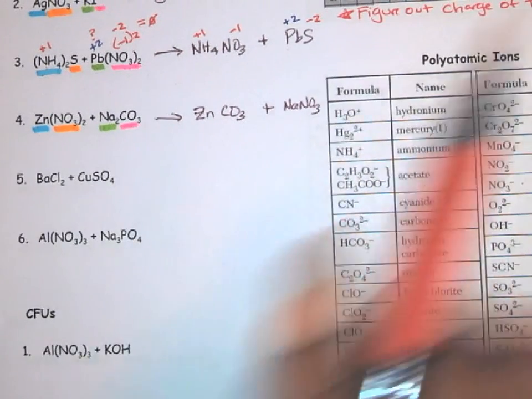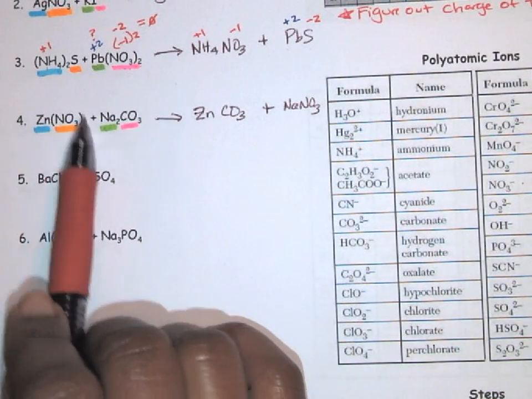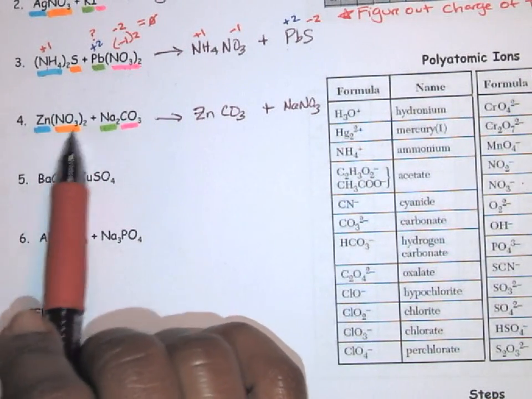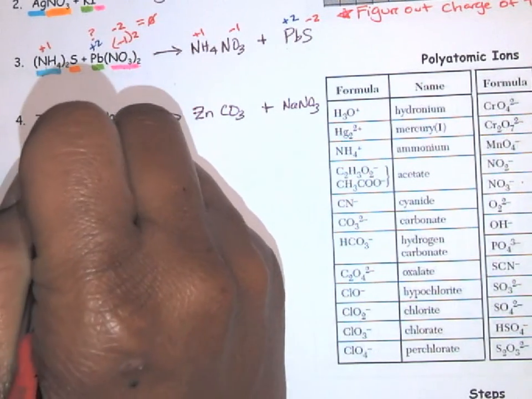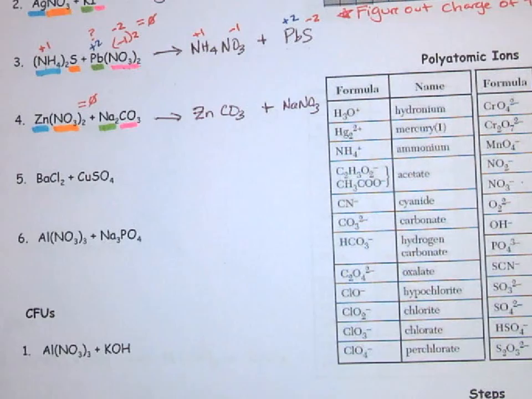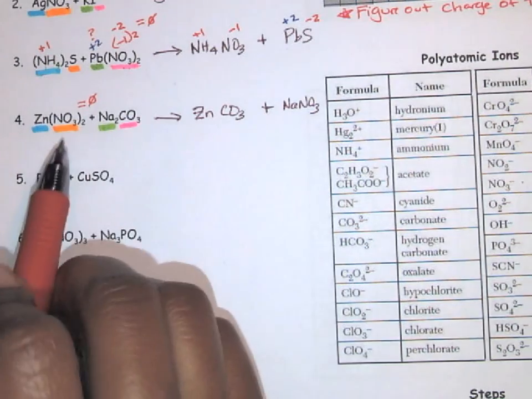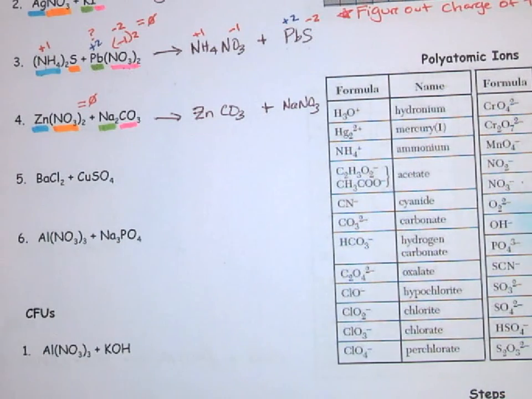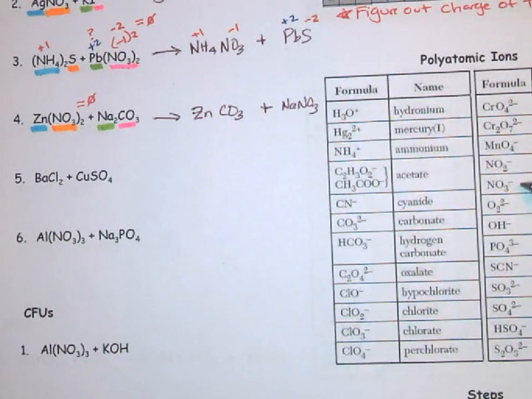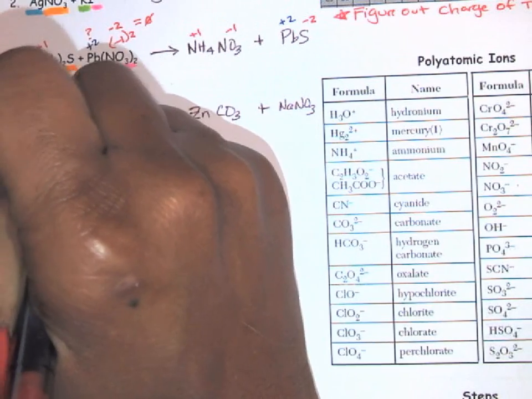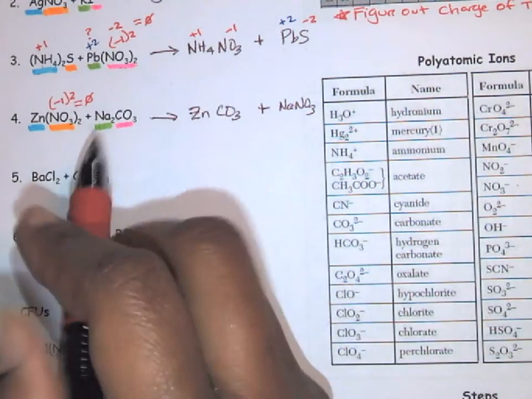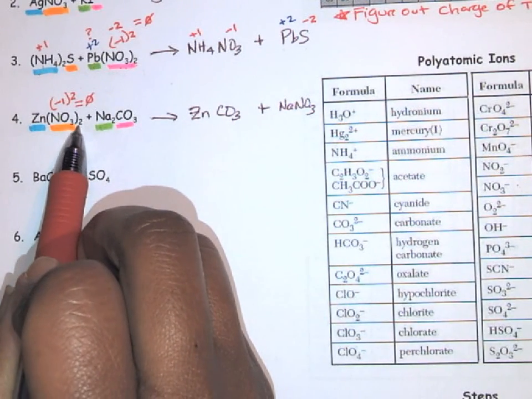You would go back to your chemical formula of your reactant. So zinc is in this reactant here, and the overall charge of this ionic compound must equal 0. So I figure out what's the charge of my nitrate. Nitrate has a -1 charge, and I have 2 of them, because there are 2 outside the parentheses of the nitrate.